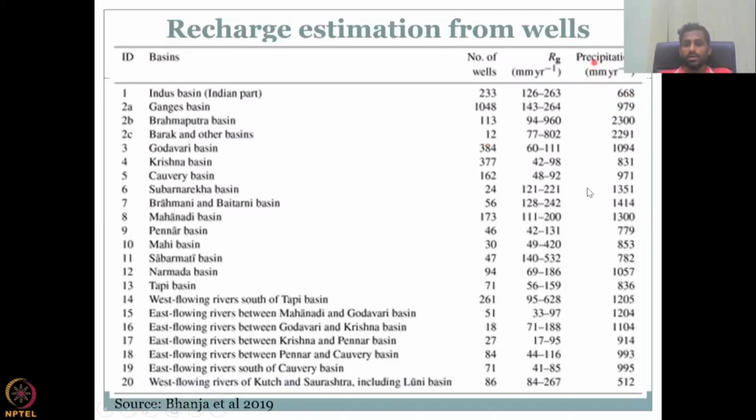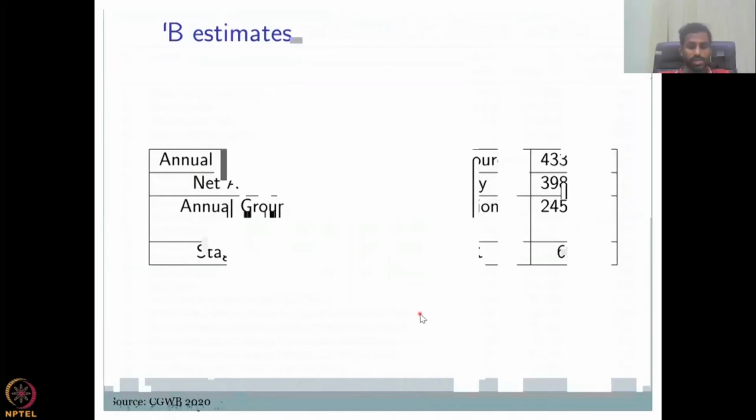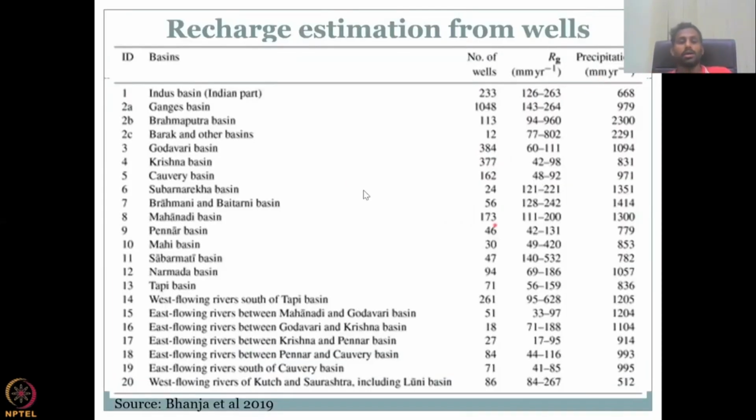This is the estimate done by your team in Bhanja et al. paper 2019, where they explicitly use a lot of wells, groundwater well data, and they measure the recharge happening and also the precipitation happening per year. Okay, so millimeters is a thickness, not a volume, but a thickness of recharge and thickness of rainfall happening in a year.